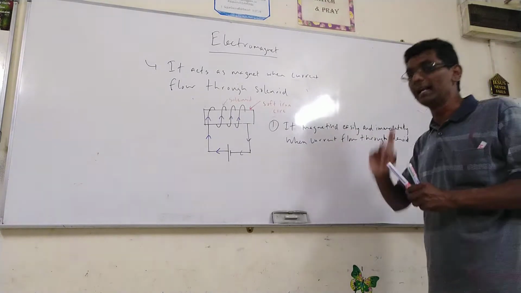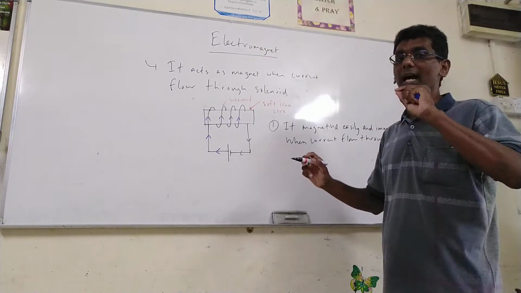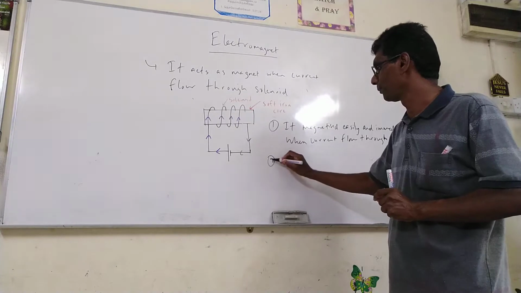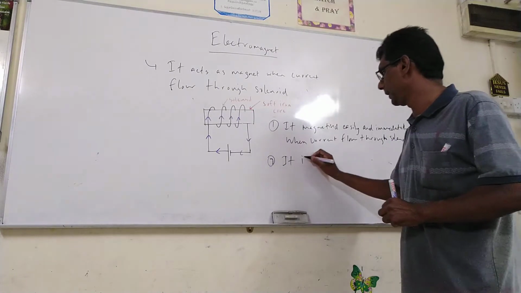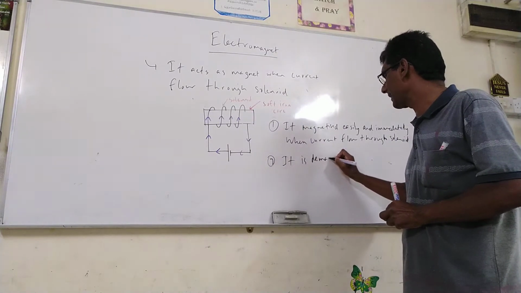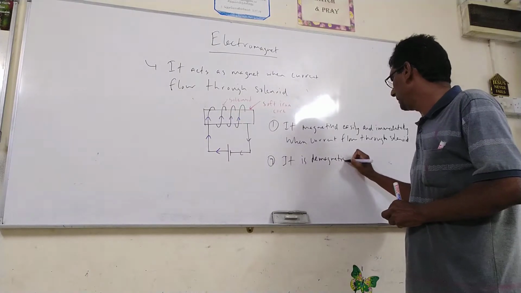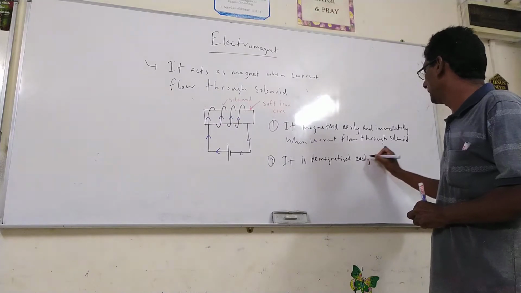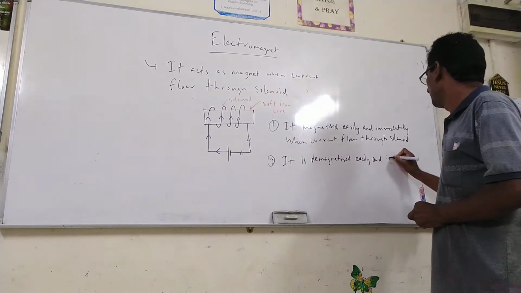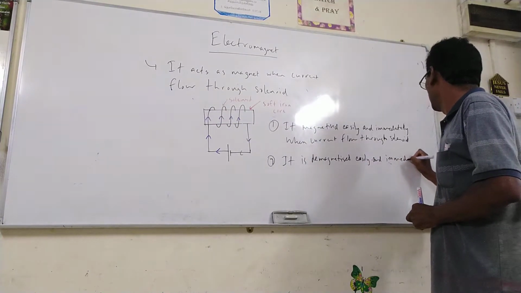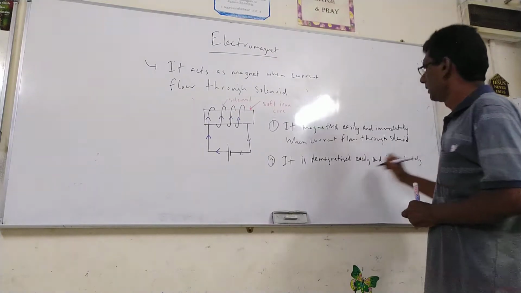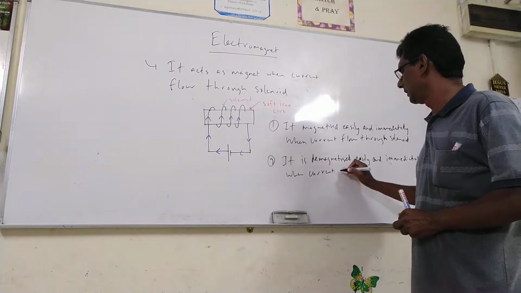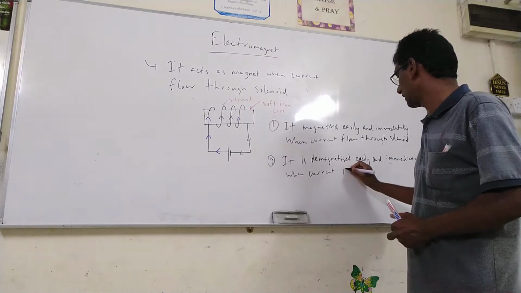Not only that, another nature of soft iron core is that it is demagnetized easily and immediately when the electric current is cut off.